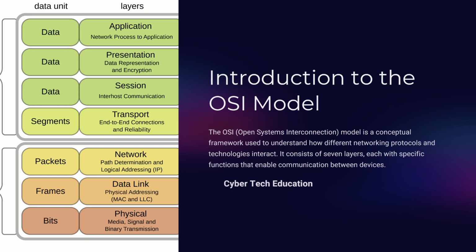Presentation is all about data representation and encryption, and it also comes under data. Application comes under network processes to applications. So this all comes under the application layer of data communication. This is how the interface looks: bits under physical, frames under data link, packets under network, segments under transport, and three kinds of data: application, presentation, and session.